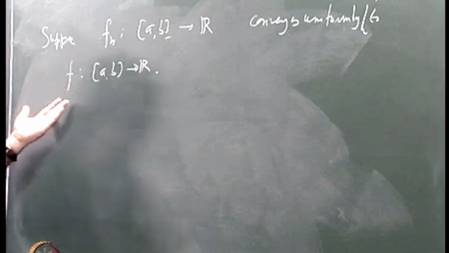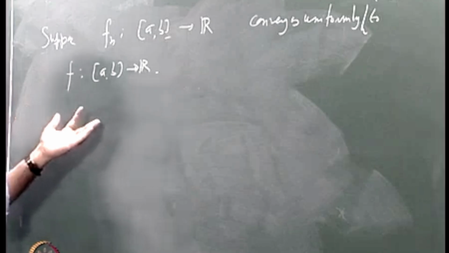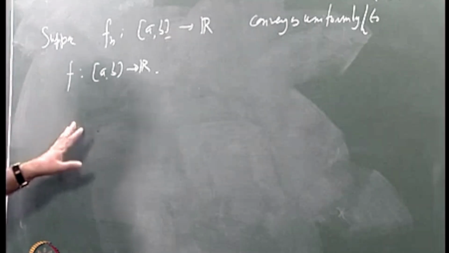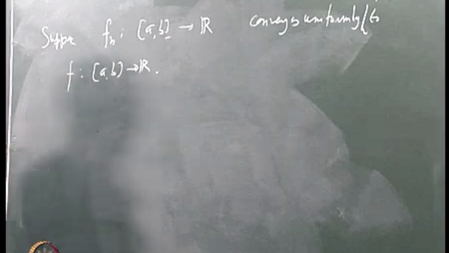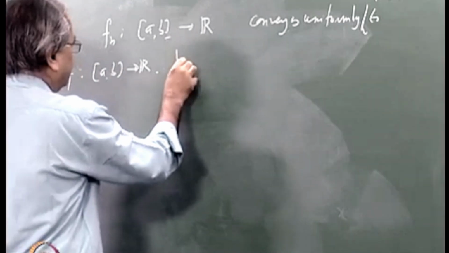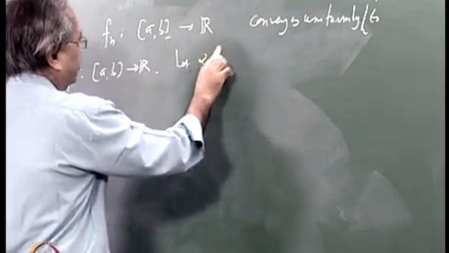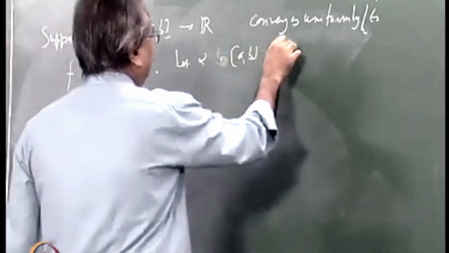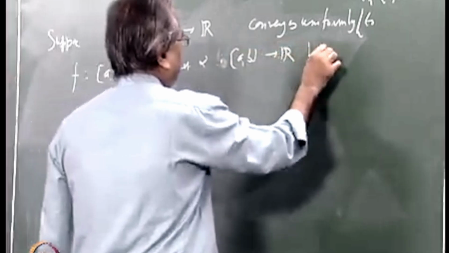This can be proved for Riemann integrals, and this can also be proved for Riemann-Stieltjes integrals without any extra work. So let us do it for Riemann-Stieltjes integrals. Let us take a monotonic increasing function. Let alpha from [a,b] to R be monotonically increasing.